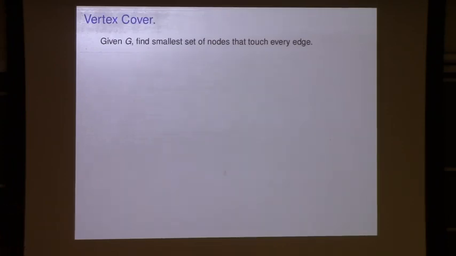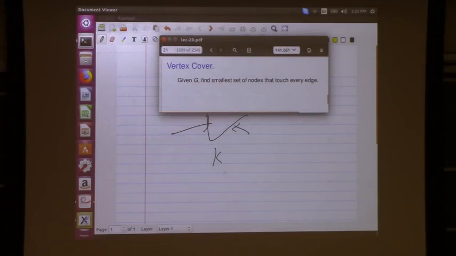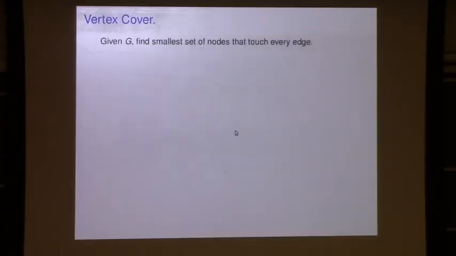Okay, vertex cover. We want to find the smallest set of nodes that touch every edge. It's called a cover because each edge is covered: one of its endpoints is in the cover.